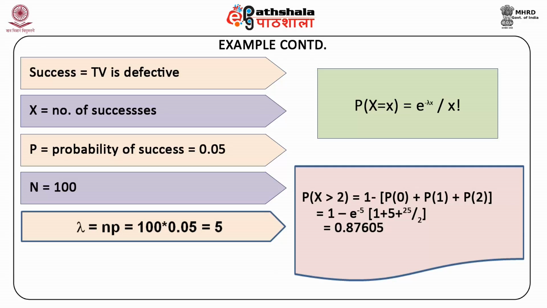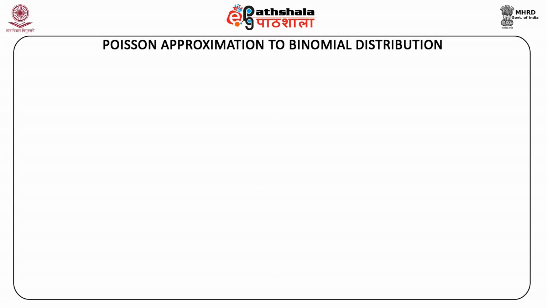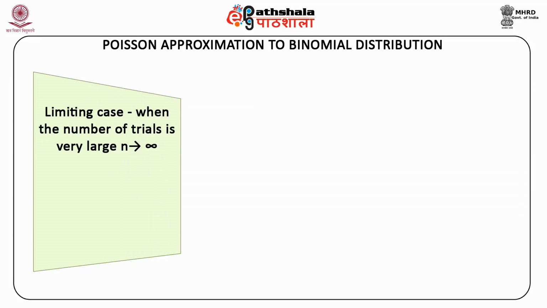This is equal to 1 minus 0.0067 multiplied by 37 by 2. This is equal to 1 minus 0.12395, which is finally equal to 0.87605.